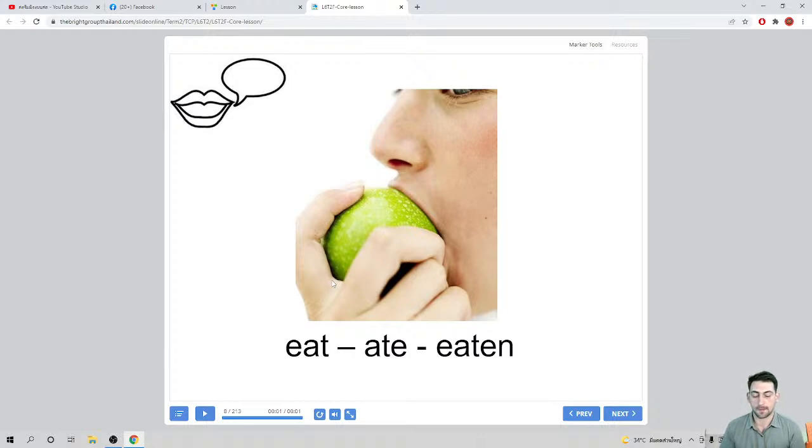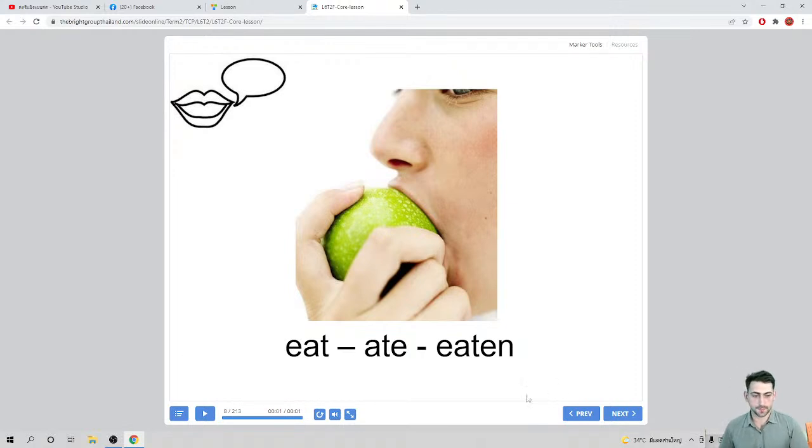Ate, past simple of the verb to eat, verb number 2. And verb 3, eaten. One more time. Eat, ate, eaten. Good job.